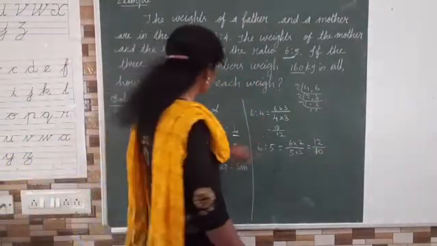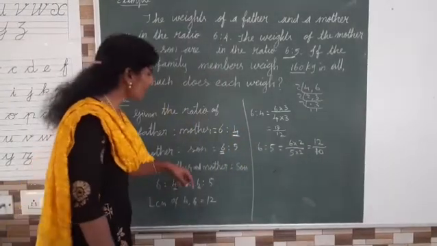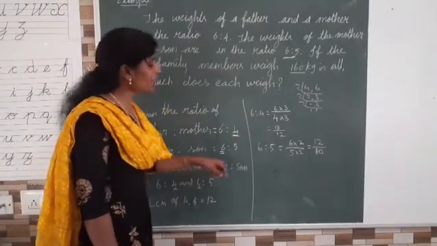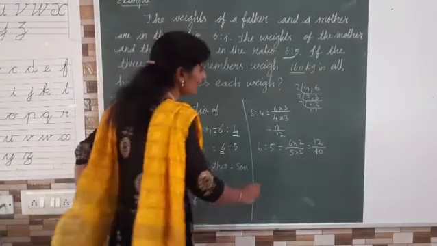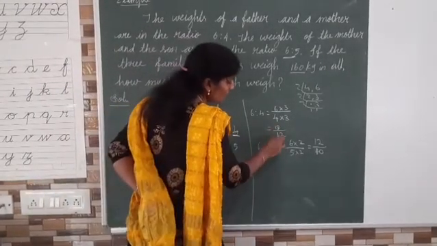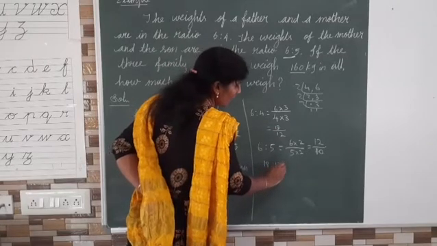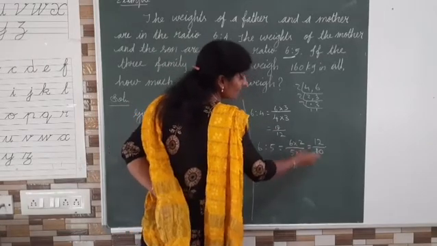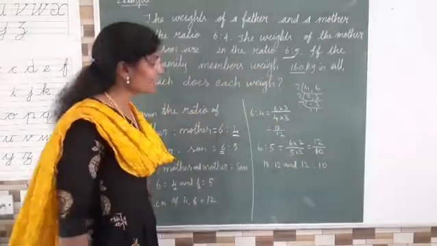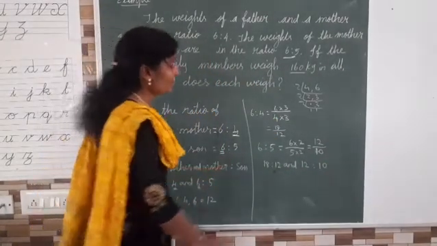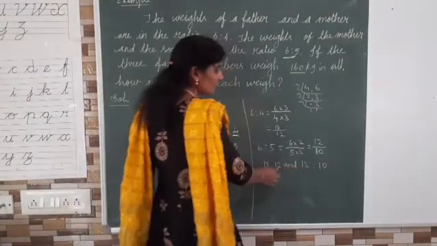Now we can write the ratio form. Father is to mother and mother is to son. Isn't it? Now father is to mother, 18 is to 12, and mother is to son, 12 is to 10. Isn't it? 12 is to 10. Now here we have a common ratio for mother.